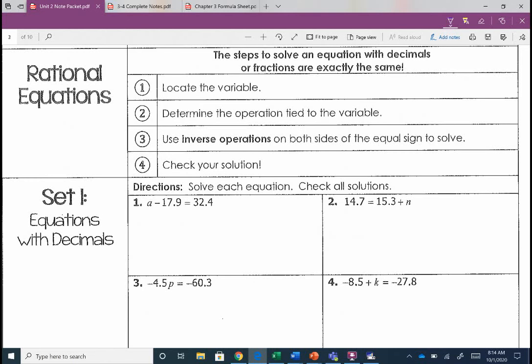So I just want to show you a number one. If you're working ahead, like Miss Gallia has said how many times, you need to be showing your work. You do not want to see just an answer. Yep, so we're still going to show our work for these. And so for number one, we have a minus 17.9 equals 32.4. My process doesn't change just because, oh, now there's decimals in there.